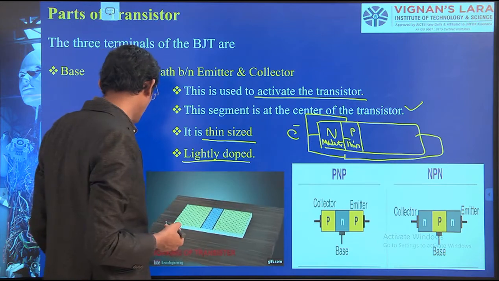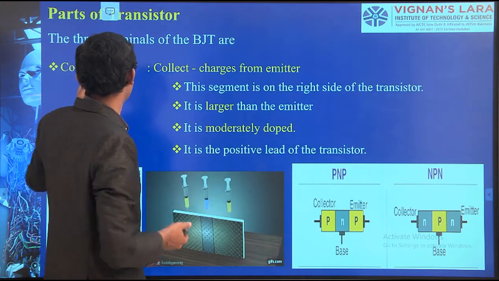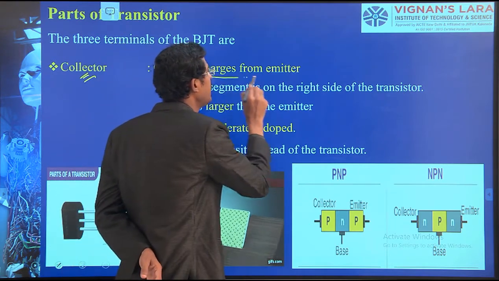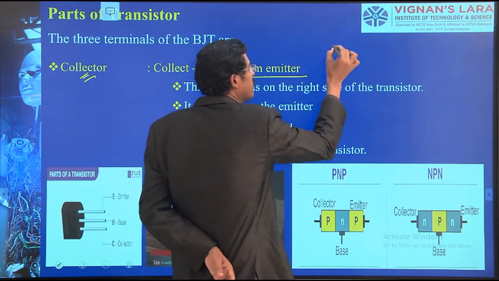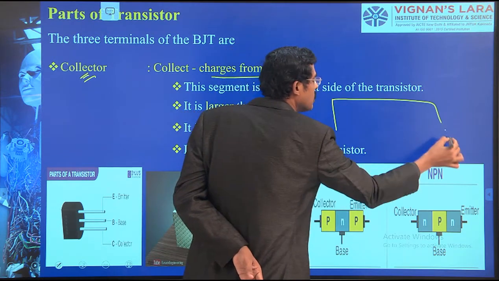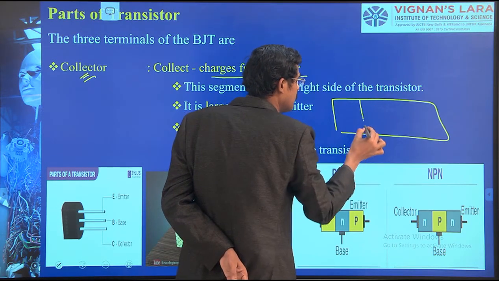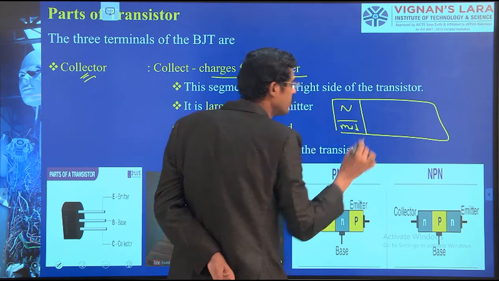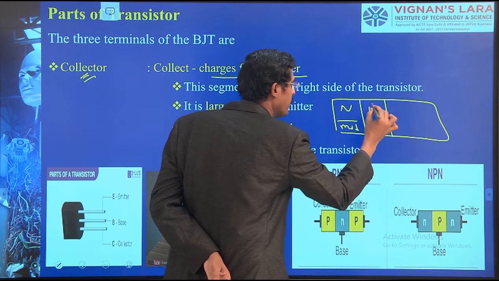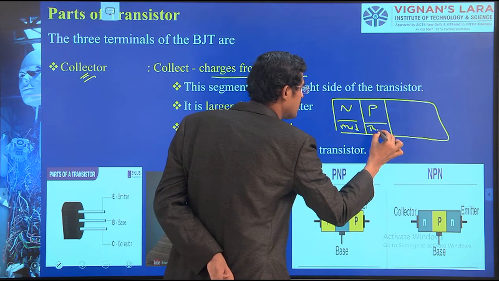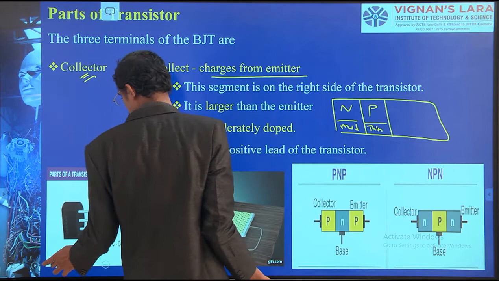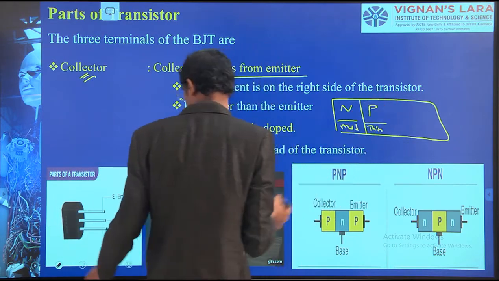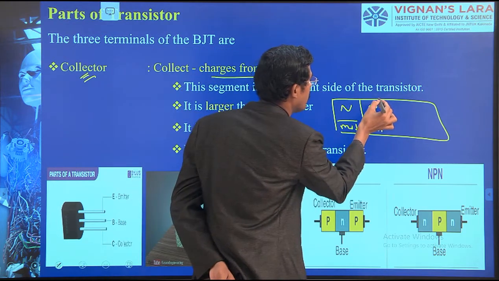Now we go to the third one. The collector. The collector takes charges from the emitter. We have the circuit like this, and we have taken N type, moderately doped, and we have taken the P type, which is thinly doped, and it is very thin.